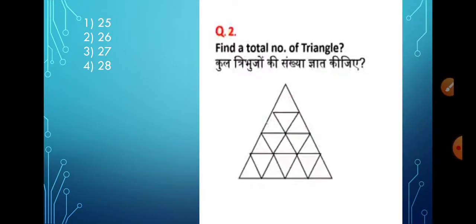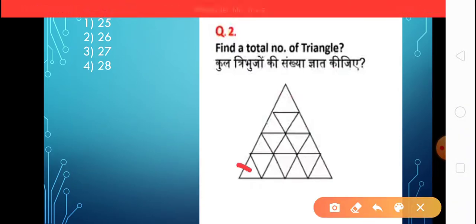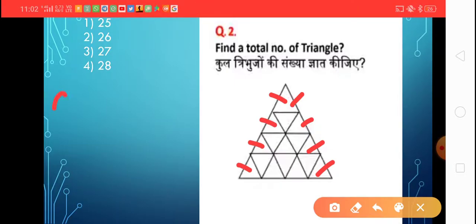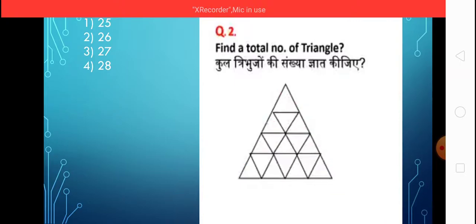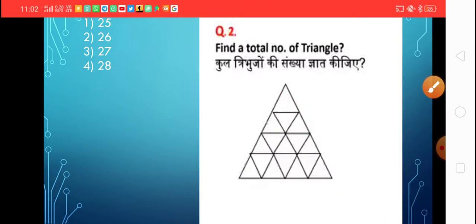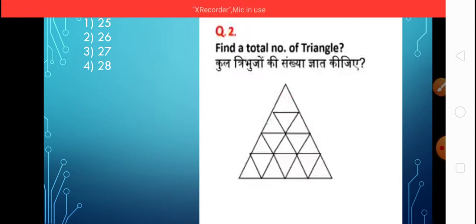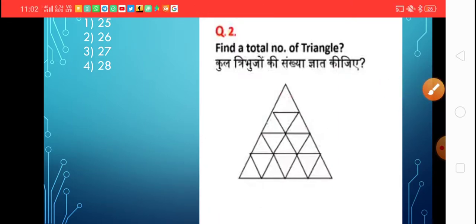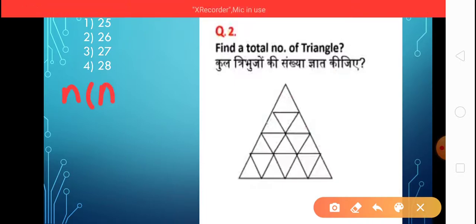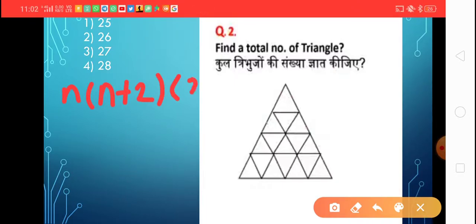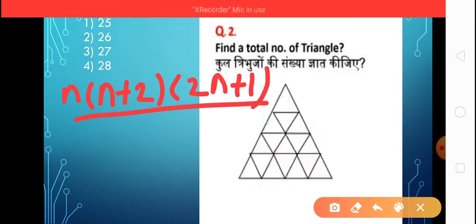See, in this example also, what do we have? We have 4 equal parts. Similarly here, 4 equal parts. In this case, similarly, we will put n equal to 4 in the given formula, that is n into n plus 2 into 2n plus 1 divided by 8.